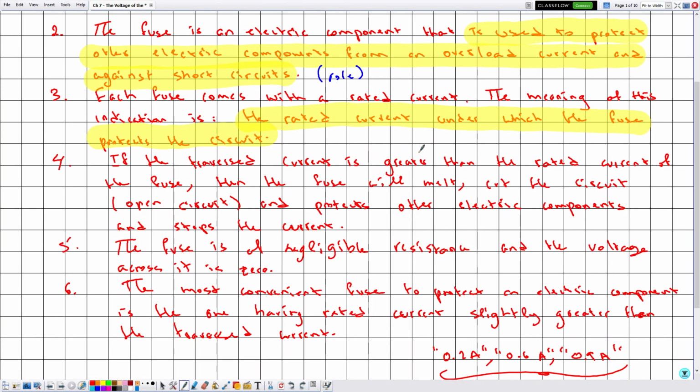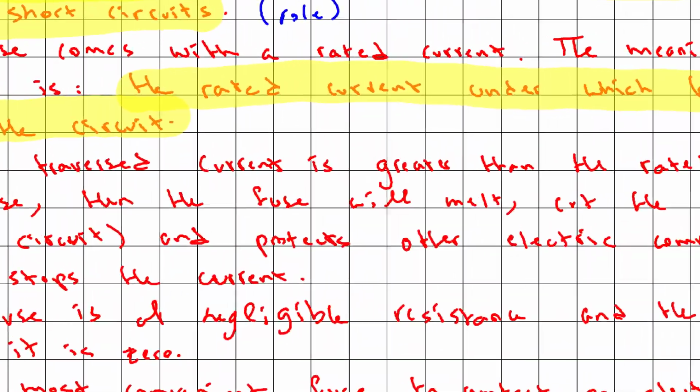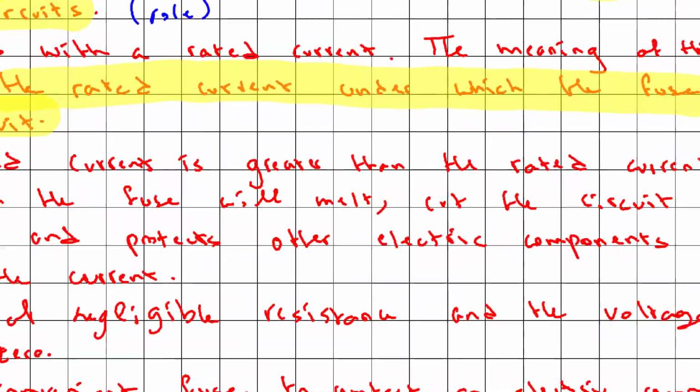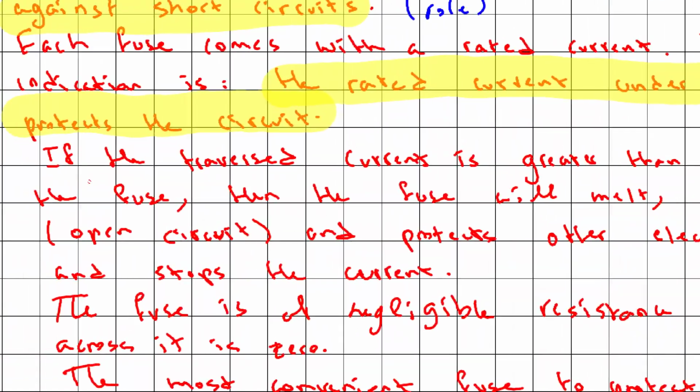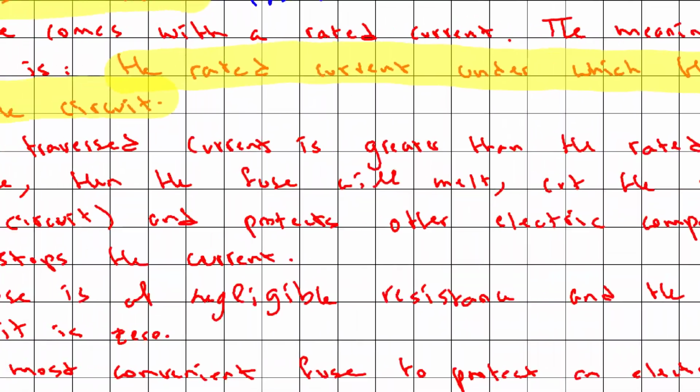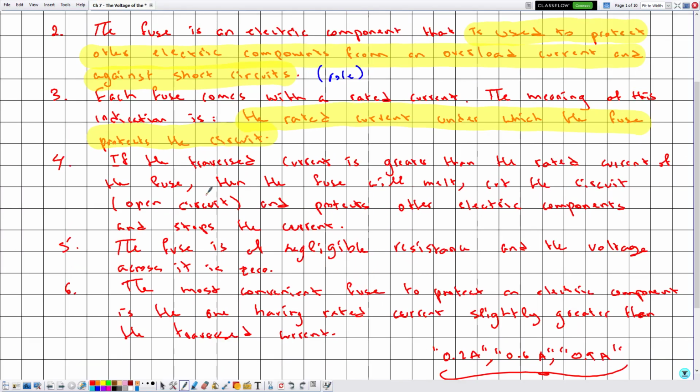If the traverse current is greater than the rated current of the fuse, then the fuse will melt, cut the circuit, protect other electric components and stop the current.